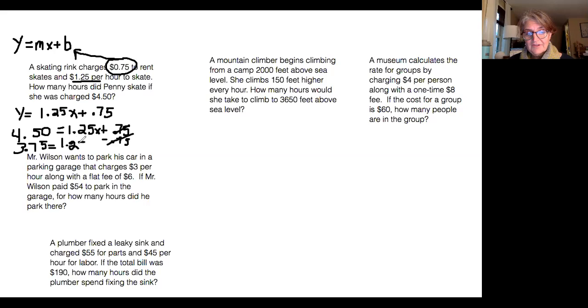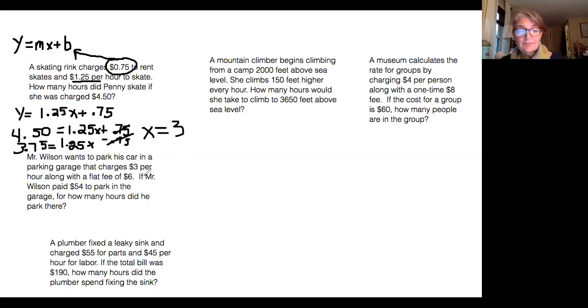And then you're going to divide both sides by 1.25, and the answer you get is x equals 3, that she was skating for 3 hours. You can check that.